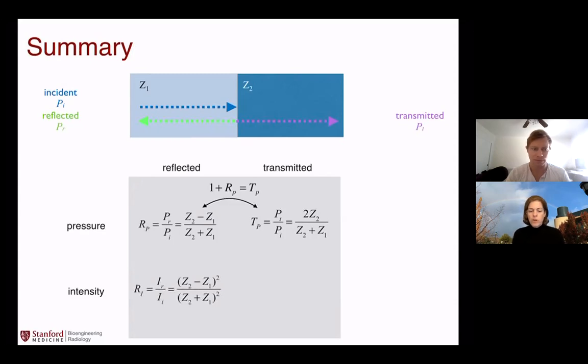To go from pressure to intensity, we square the pressure, divide by acoustic impedances, which cross out, and now we see the reflected intensity coefficient is the square of what we saw for the reflected coefficient for the pressure. And then we can come up with the transmitted intensity using the equation we see right there, where the intensity is conserved.